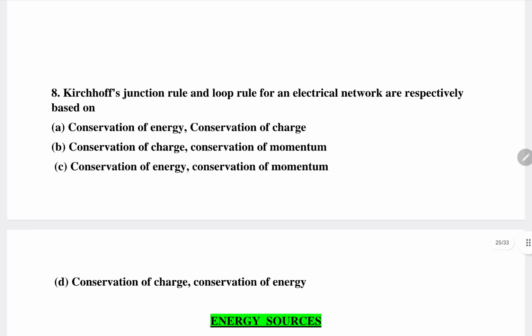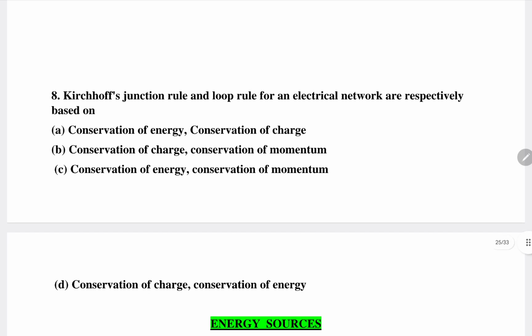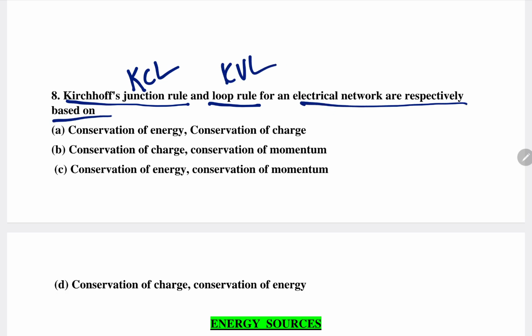Next, Kirchhoff's junction rule. Kirchhoff's junction rule is nothing but KCL, and the loop rule is nothing but KVL. Junction rule and loop rule for an electric network are respectively based on.